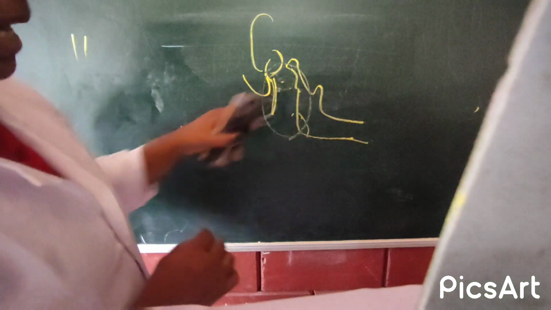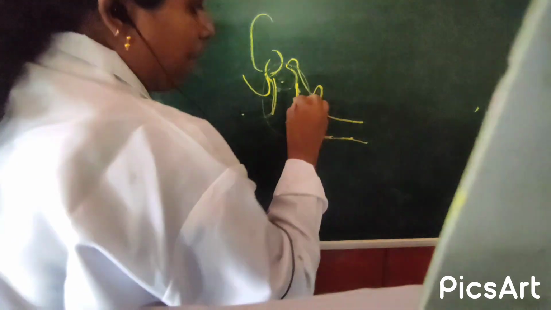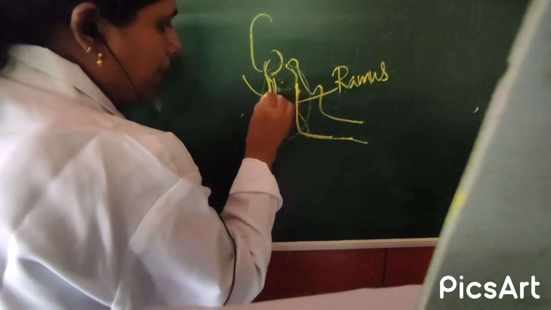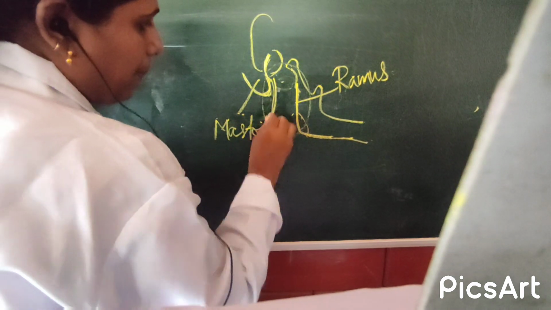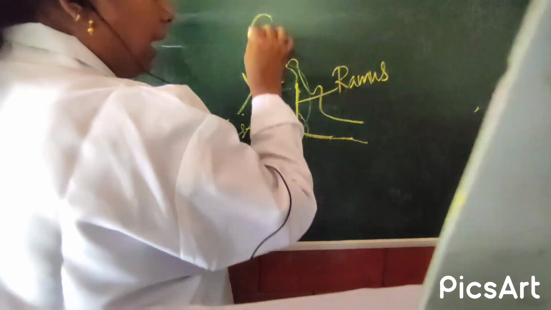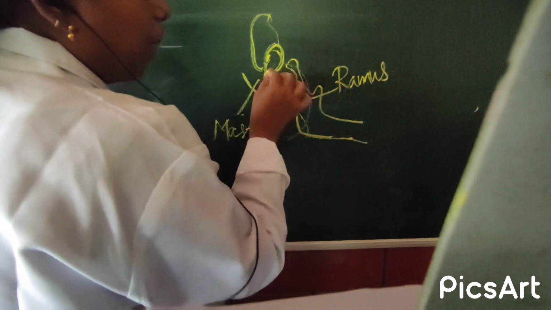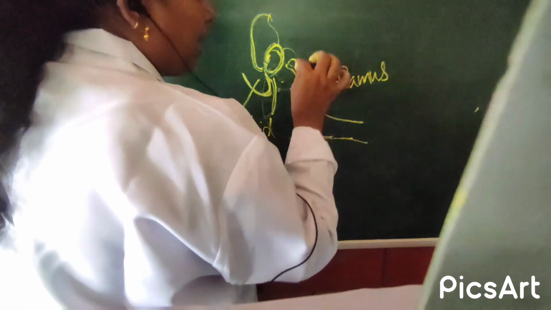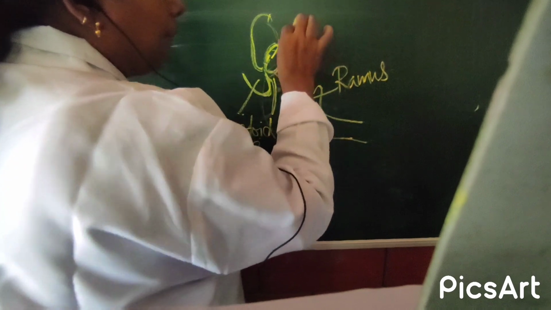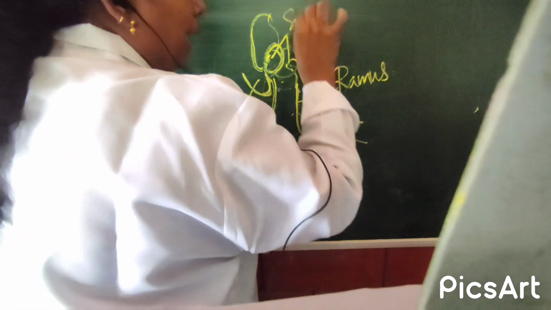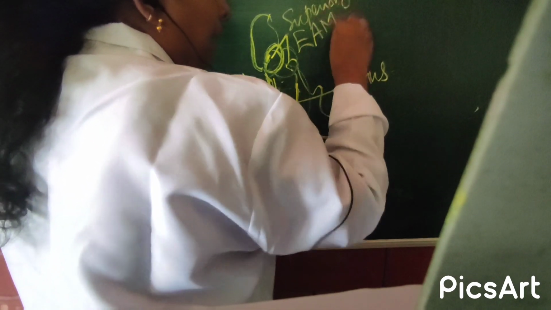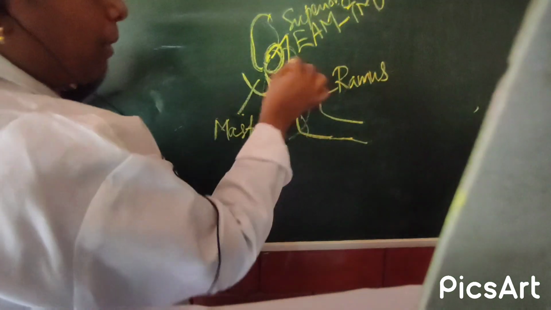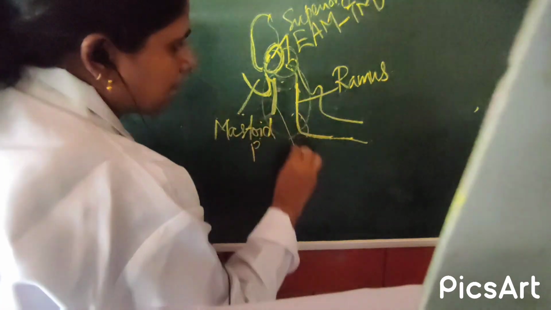Retromandibular fossa is a space bounded anteriorly by the ramus of mandible, posteriorly by the mastoid process, superiorly by the external acoustic meatus and the posterior part of the TMJ, and medially by the styloid process.